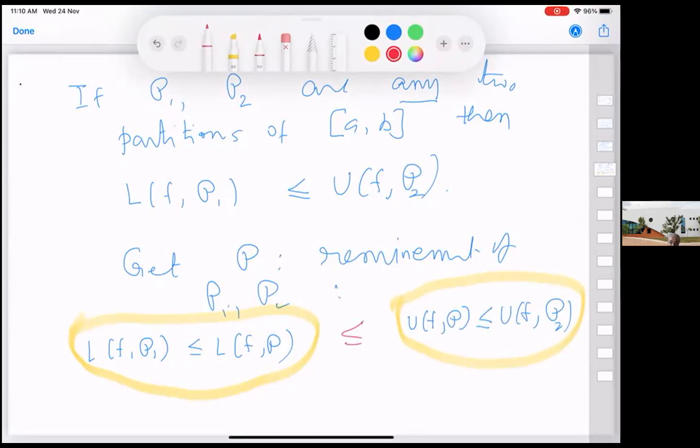That gives you a proof of LFP1 less than or equal to UFP2. Any observation, question?